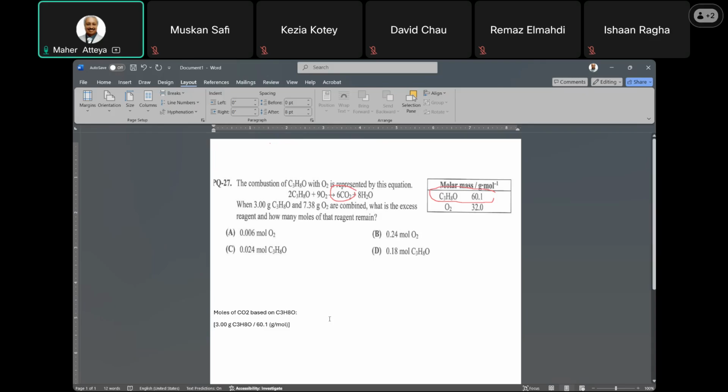Now I need to multiply this number of moles by a ratio from the equation.